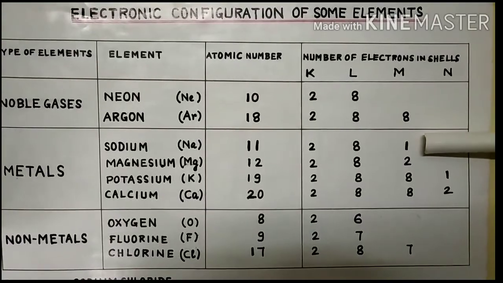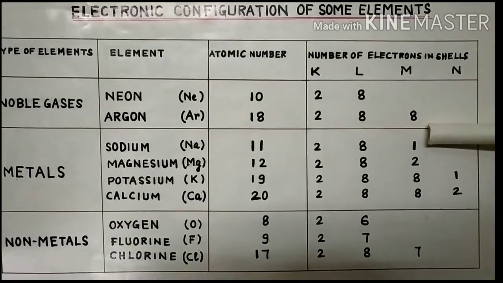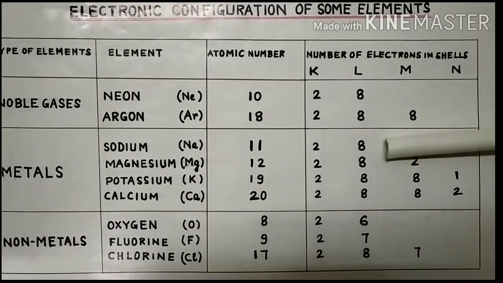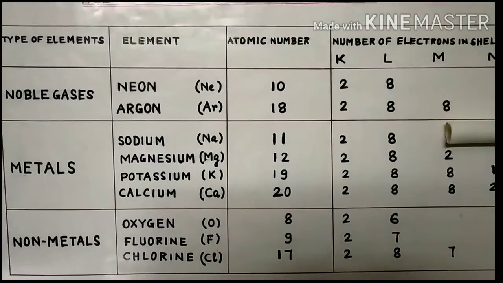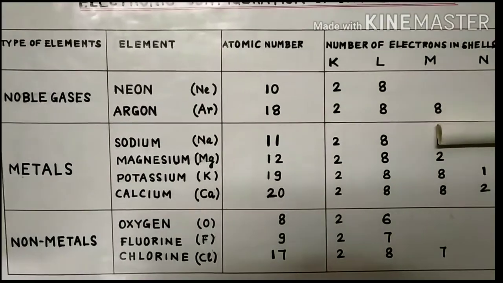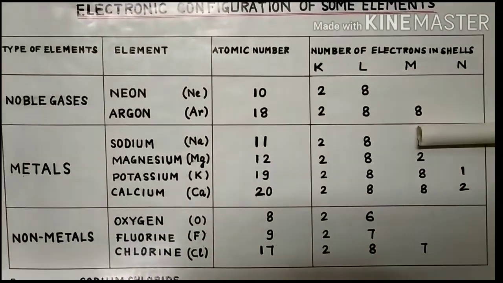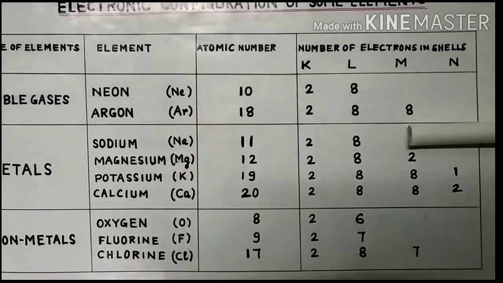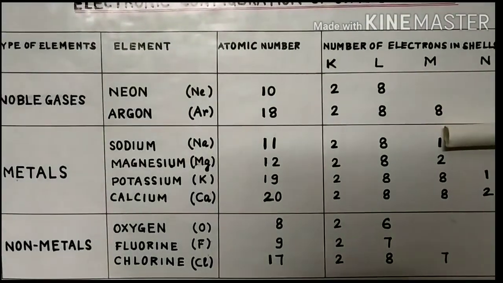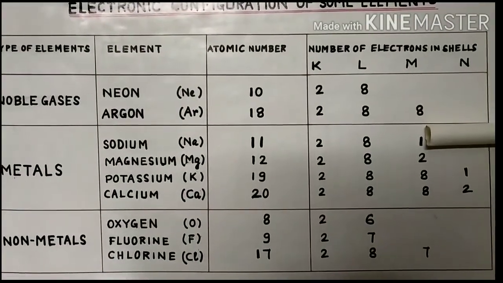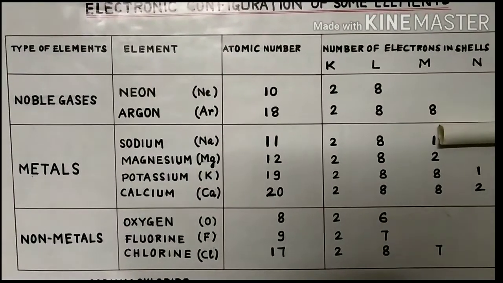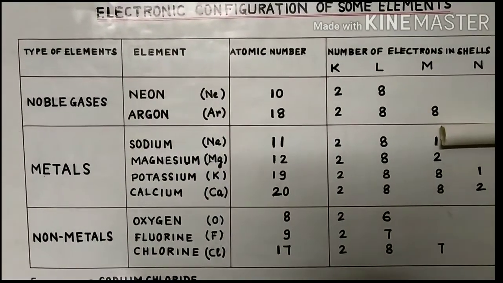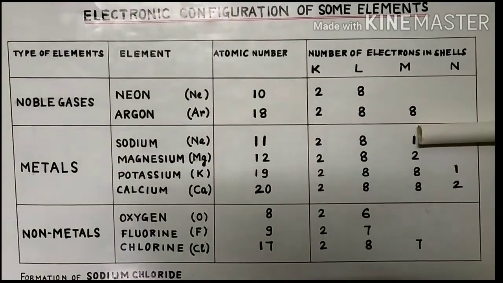If it loses this electron, its L shell now becomes the outermost shell, and that has a stable octet. The nucleus of the sodium atom still has 11 protons, but the number of electrons becomes 10. So it becomes a single positively charged sodium ion.